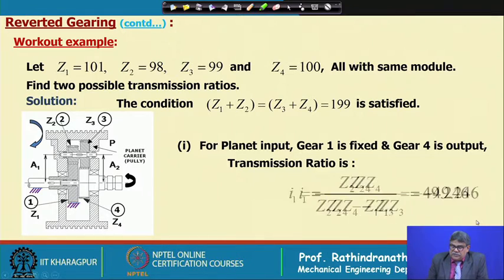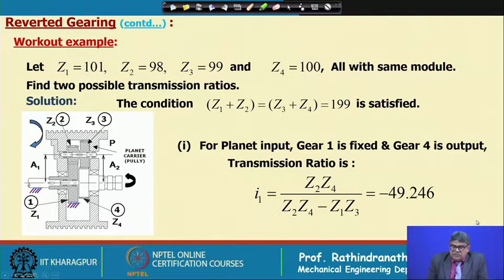The transmission ratio is as we have derived, Z2 Z4 divided by Z2 Z4 minus Z1 into Z3. If we substitute these teeth numbers, we find the transmission ratio is minus 49.246. This means it will rotate in the opposite direction of the pulley, minus sign.